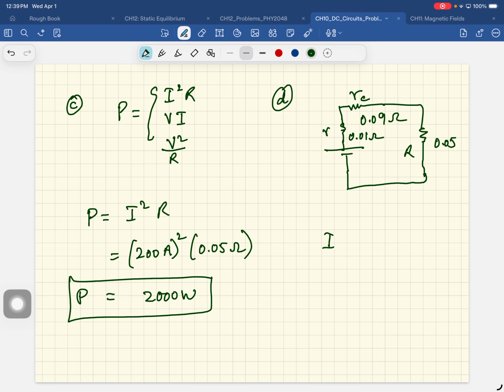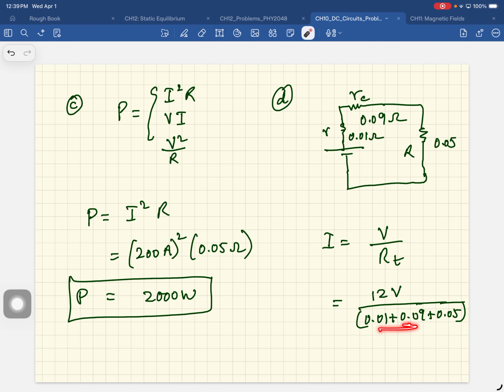Now the current drops to voltage divided by the total resistance, which is 12 volts divided by 0.01 plus 0.09 plus 0.05. You see these two add up to 0.1, that's twice the resistance of the motor. So 2/3 of the energy is being dumped as heat here, and only 1/3 of the energy is getting to the motor.